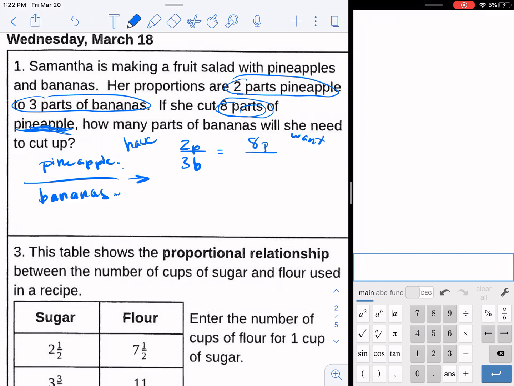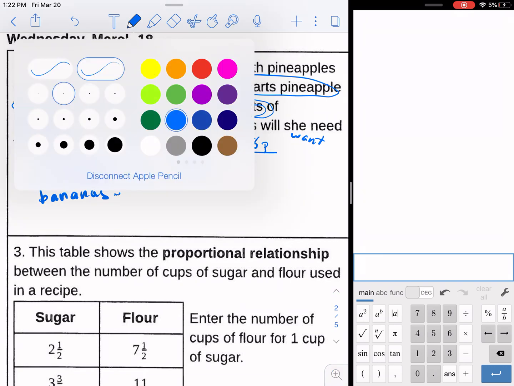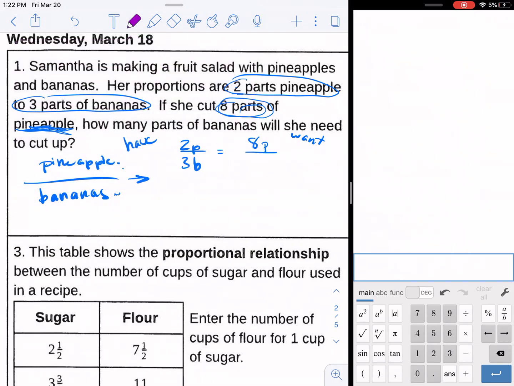8 pineapples. And I want to figure out how many parts of bananas. So I'm going to figure out that bottom missing piece right here. That needs to be my unknown variable, which represents bananas.